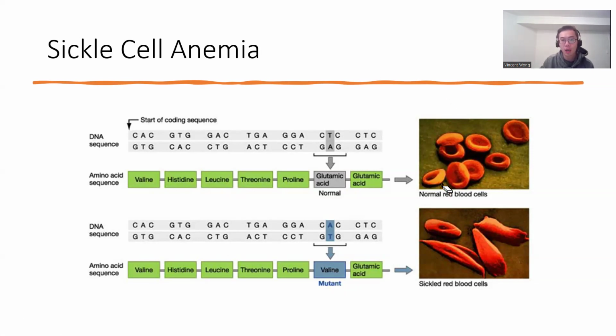People who have normal red cells are big S, big S, or big S, small s. To get sickle cell anemia, it would have to be little s, little s. Both alleles would have to be mutated on the chromosomes in order for the person to have sickle cell anemia.